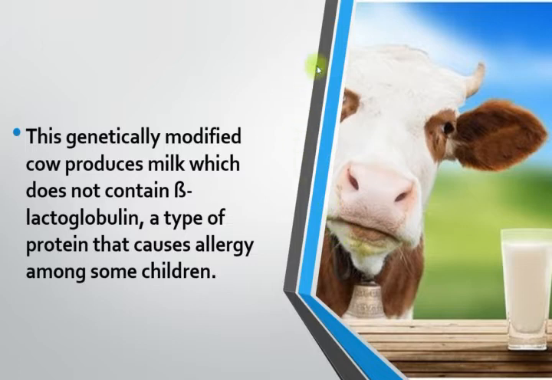So when the gene is modified, the cow will produce milk that doesn't have any beta-lactoglobulin. So what is beta-lactoglobulin? It is a type of protein that causes allergy in some children.